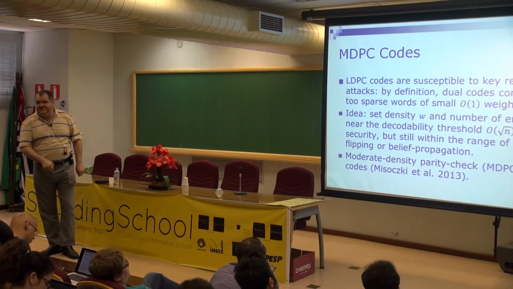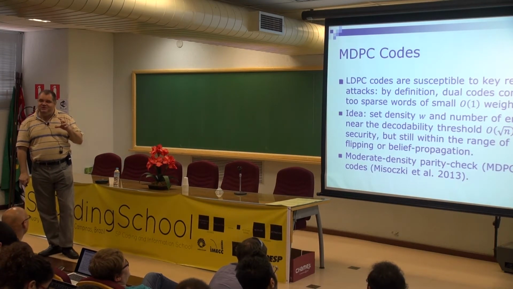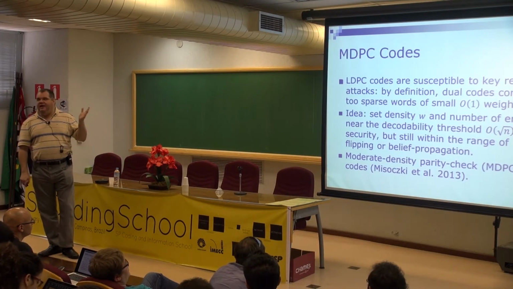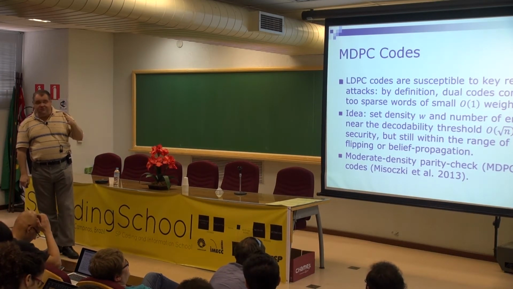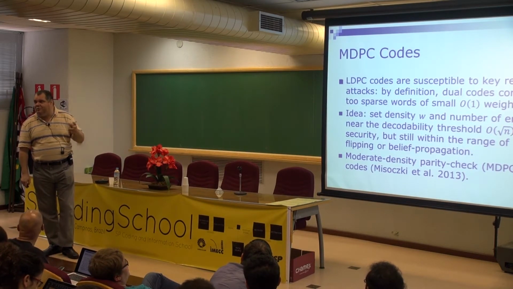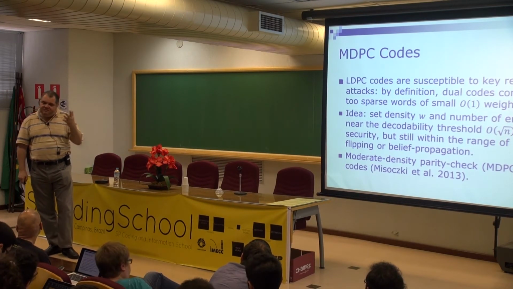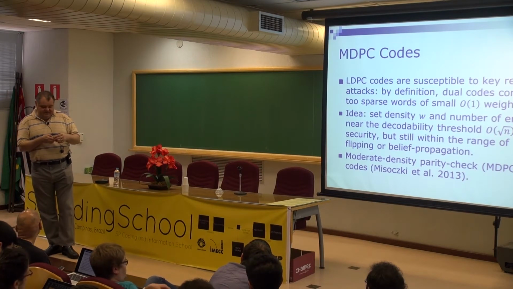This number is interesting because it's still within reach of Gallagher's decoding techniques, bit flipping and belief propagation, but it's high enough that we cannot find low density code words in the dual code. So we cannot attack the code, but we can still decode it using Gallagher's techniques.